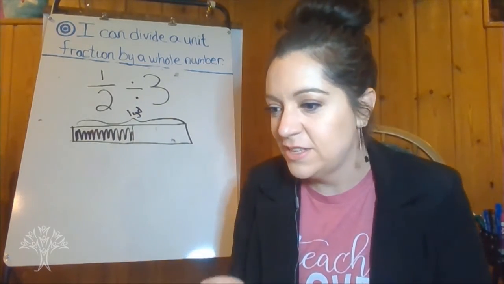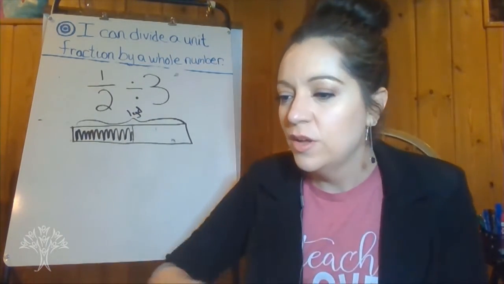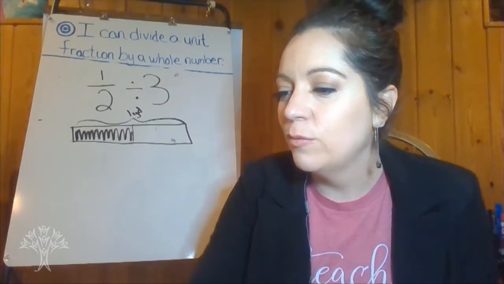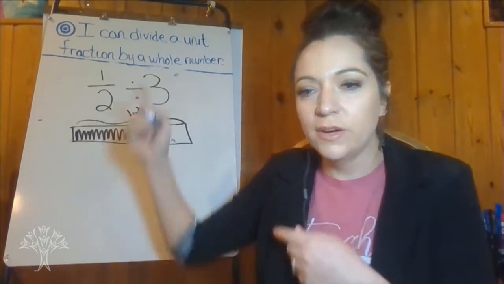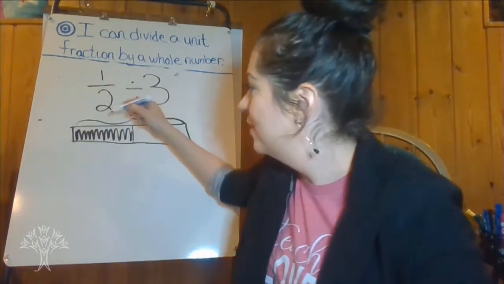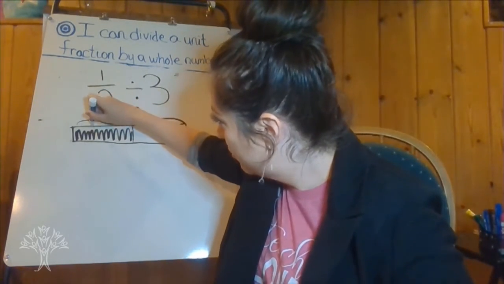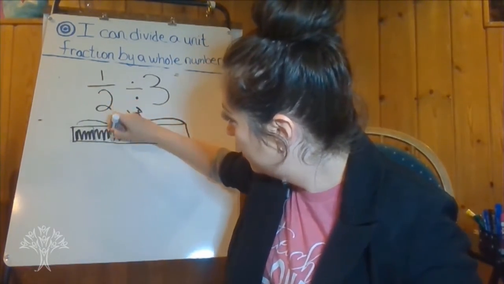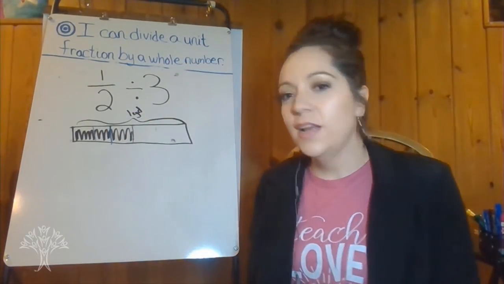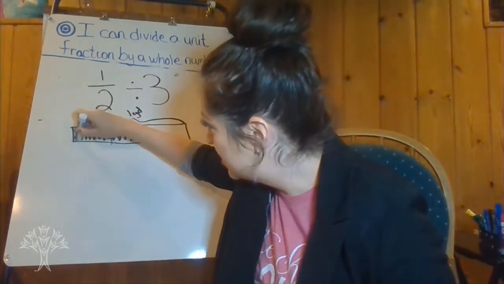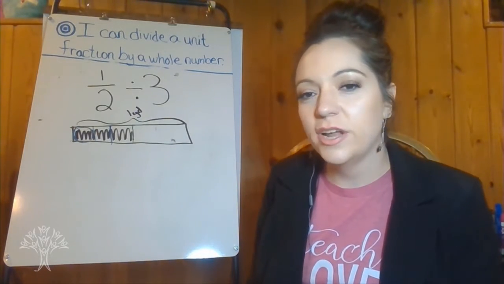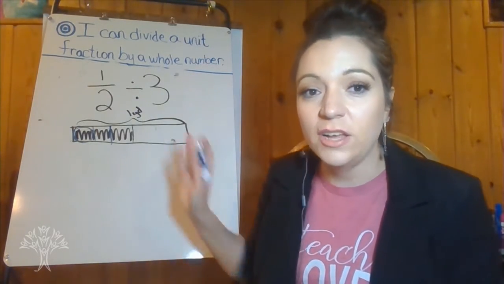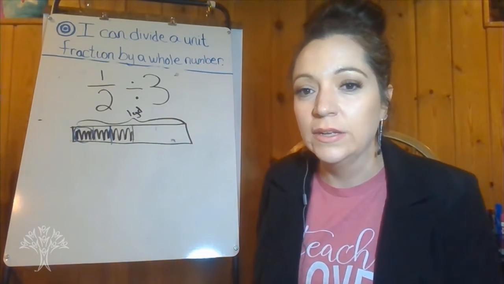Now I was thinking about this, and a rope is long, so I didn't want to cut it this way like I did on the last problem. It made more sense in my brain to cut it this way, into 3 equal pieces. But again, I'm stuck because how much is this of the whole yard? What should I do? Do I have all equal pieces across my yard now? Not yet.